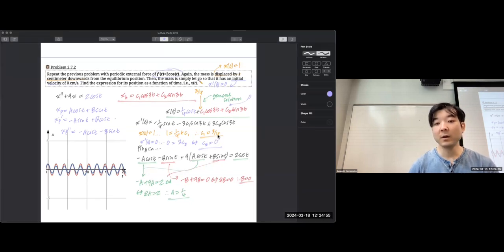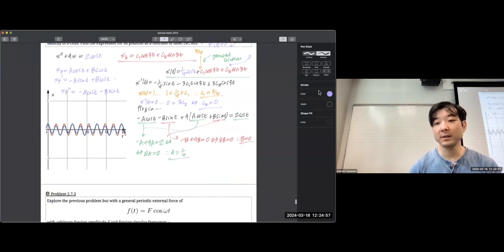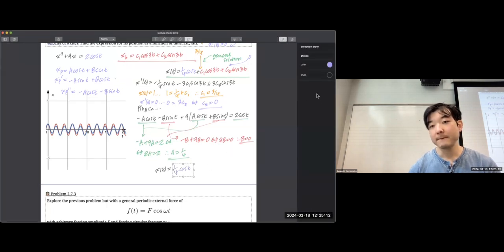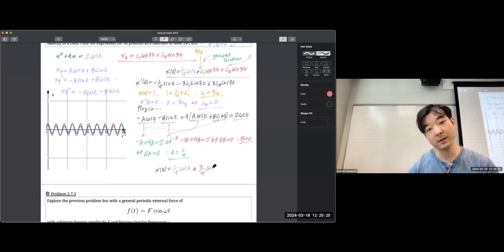So with that, your eventual answer is x of t is equal to 1/4 cosine of t, which is your particular solution. So I'll use purple. Plus your homogeneous solution after applying the initial condition is just this term right here, because c2 was 0.